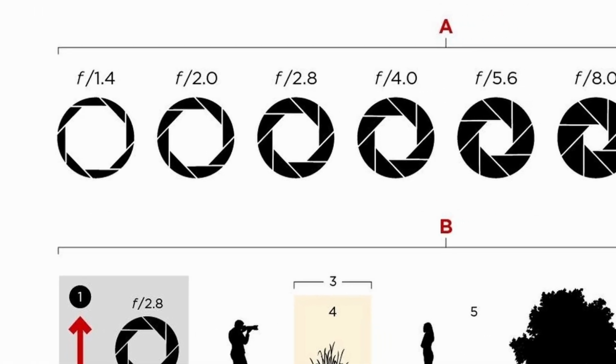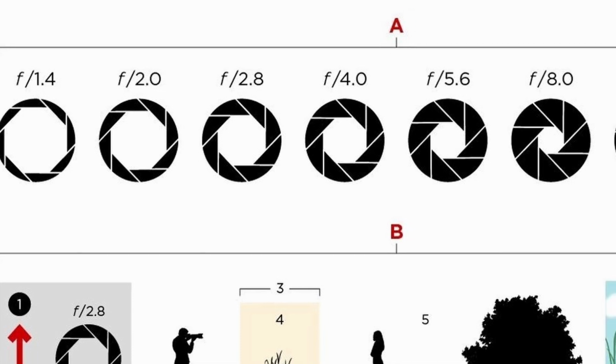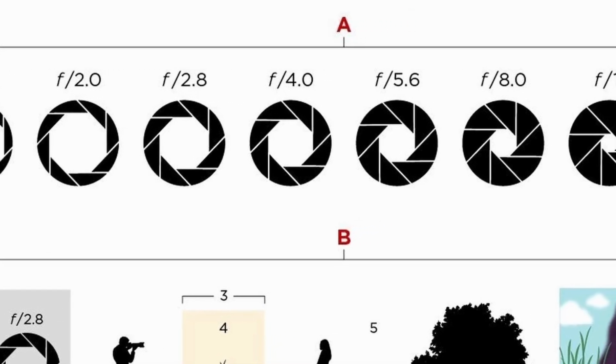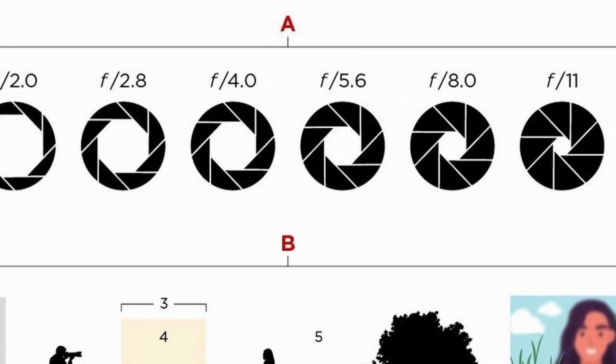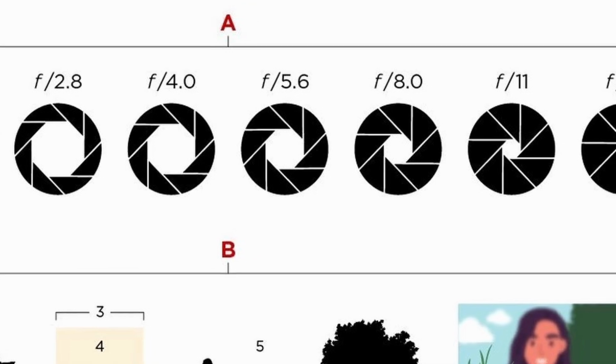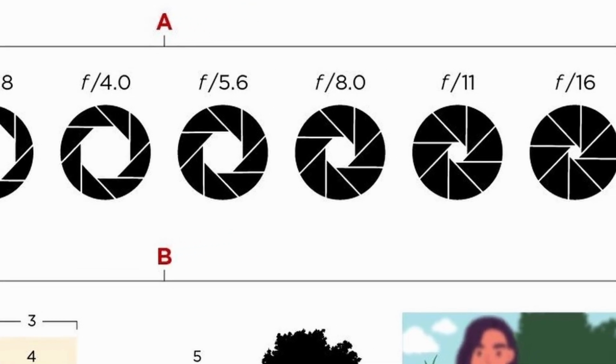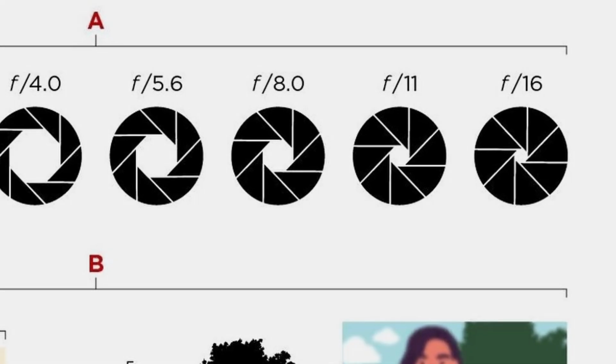And this can be a confusing scale. The number is represented by a number over an F, and the smaller the number gets, the bigger the opening to the sensor gets. And so the smaller the number, the more light that gets let in.